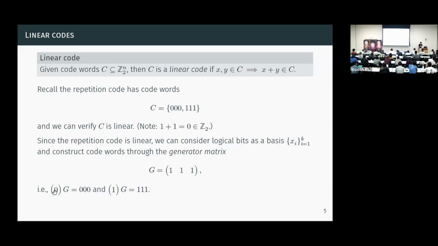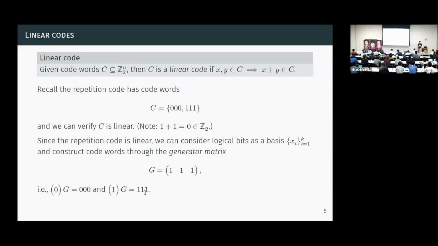Here on the left, we are multiplying the 0 vector, which stands for the 0 logical information, with the generator matrix 1, 1, 1, and that means we get 0, 0, 0, because 0 times 1 is 0 for every entry. And similarly, for 1 times G, we get 1, 1, 1. This generalizes to any linear code. That's kind of why they're called linear codes, right? We can use linear algebra to reason about them.